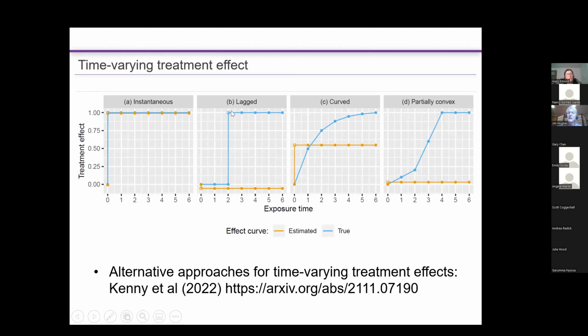I'd be assuming an immediate treatment after 2 time units, and I get exactly the appropriate analysis. So if you have some insights like that, or are worried about this, you can decide to throw away the first 2 periods after implementation, and that can also solve this problem. It's only when you use all the data in the analysis that you get this problem.